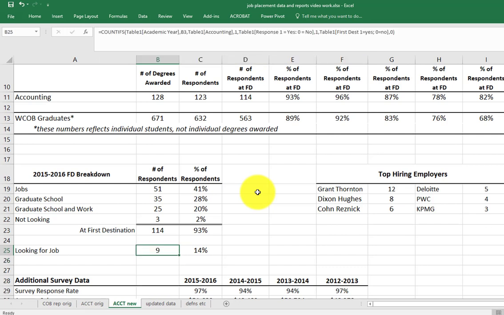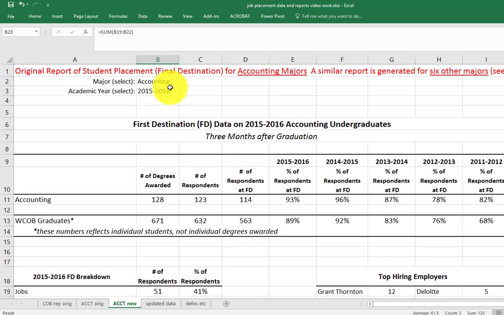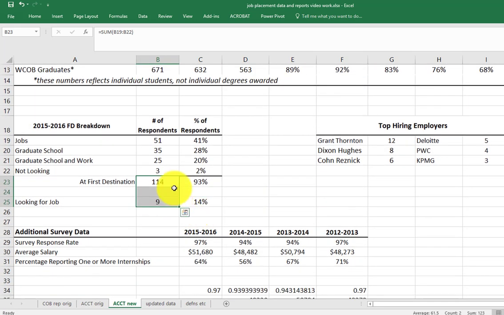Alright, and again, this should match up with what we have up here, that is total of 123 number of respondents. And it does. So it'd be a good idea actually to run through this with each one of the majors to be sure that works correctly, because there may be some oddity in the data itself.